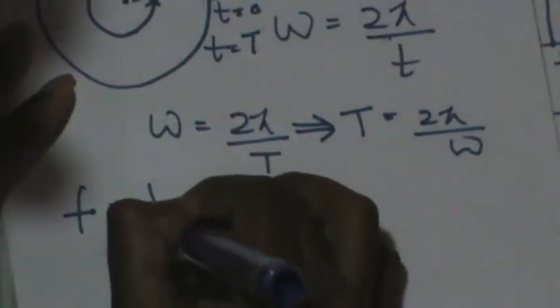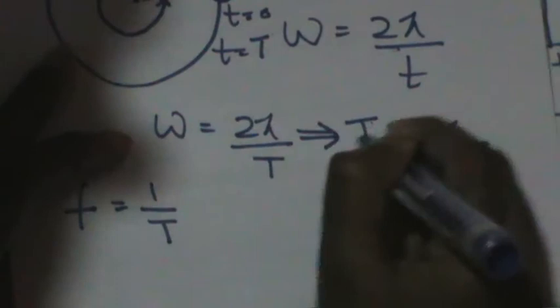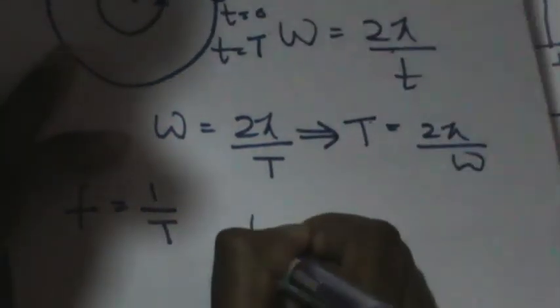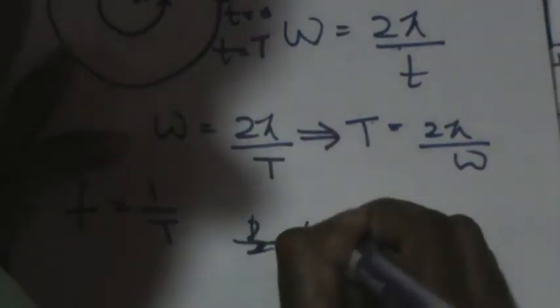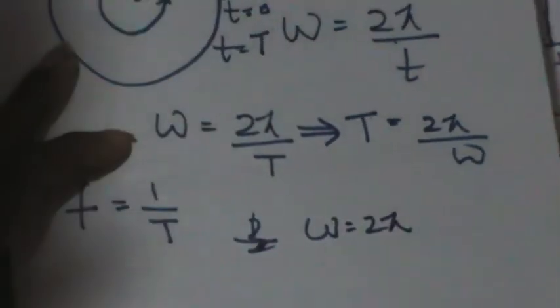So you know that F equals 1 upon T, the number of cycles per unit time. F equals 1 upon T. If I substitute it here, I can write omega equals 2 pi times 1 upon T, and 1 upon T is F, so omega equals 2 pi F, or F equals omega by 2 pi.